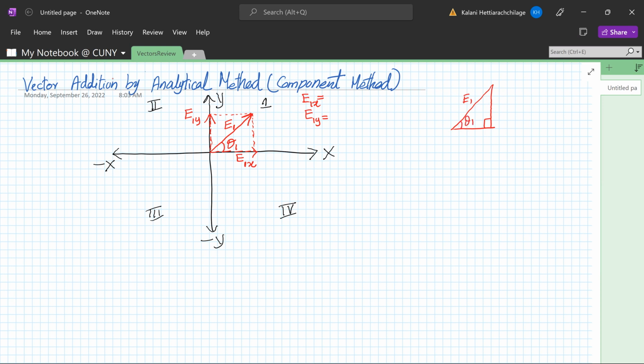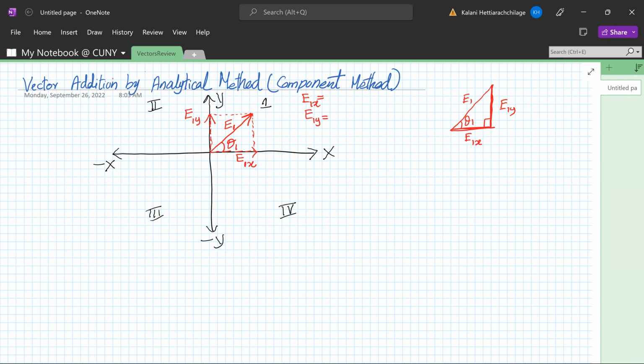Now I know that I'm working with the distance. So this hypotenuse is E1. I need to find this distance, which I call E1x, right? This is what I call E1y. Does everybody know that E1x is the adjacent of this rectangle, and E1y is the opposite?